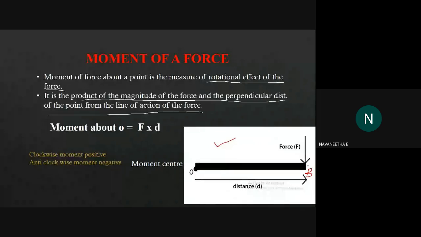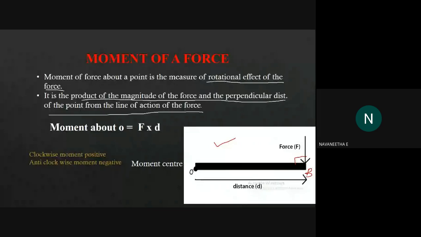This force is perpendicular to the surface of the beam OB. So here I am applying a force F perpendicular to the beam OB by fixing a point O. That fixed point or hinged point is called moment center. So here O is the moment center.